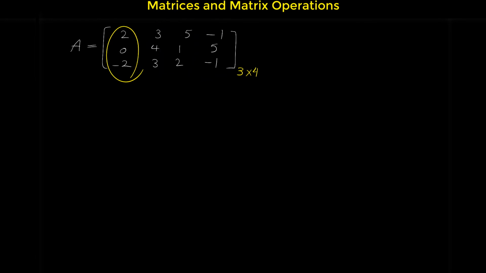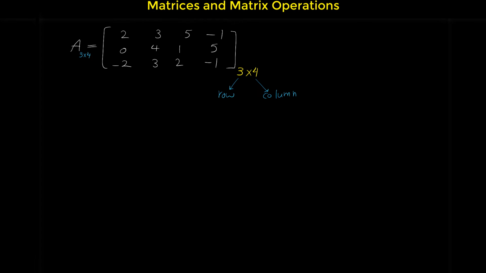So the first number always shows the number of rows, and this second number shows the number of columns of the matrix. Usually we write the size of the matrix here or here.